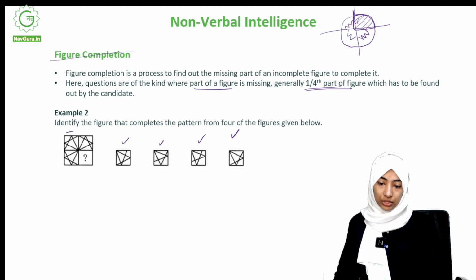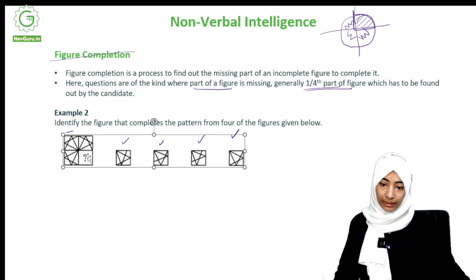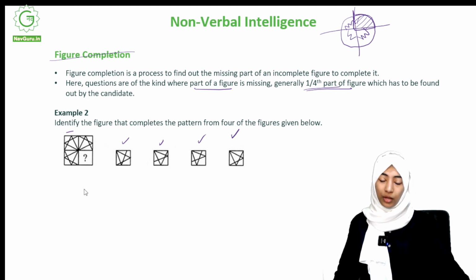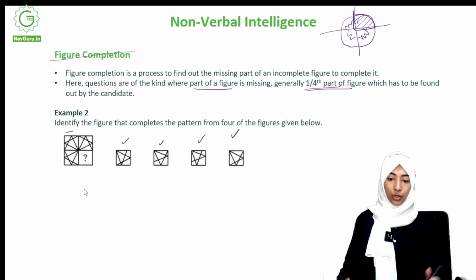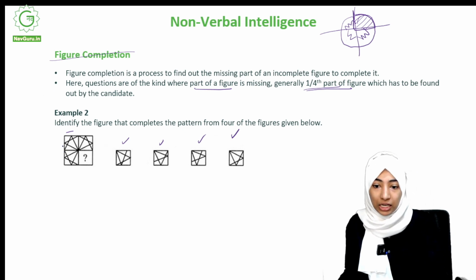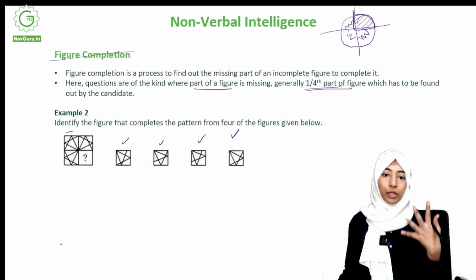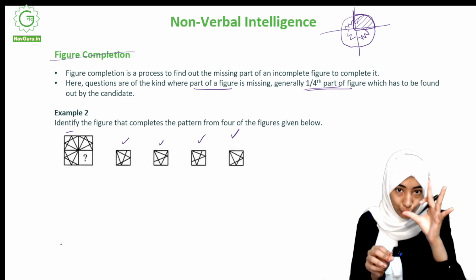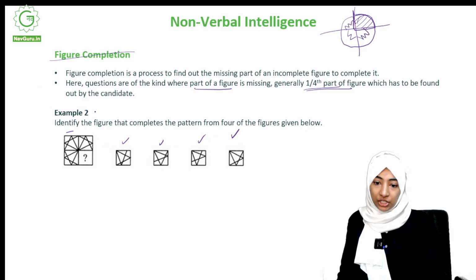Should I zoom this in for you? In a paper this is usually the size, so you can't zoom in on a paper, right? So we'll try taking a closer look at this figure without zooming in, because in the actual exam you won't be able to zoom in on the figure. So try to get an idea of how this figure is formed.